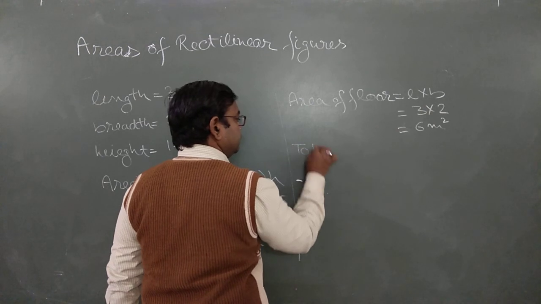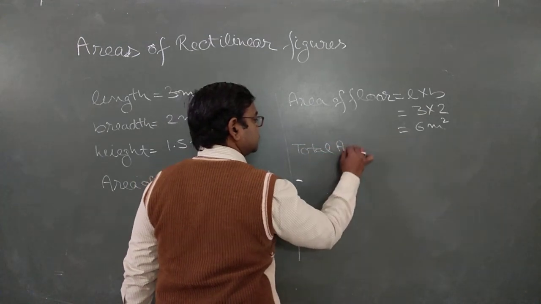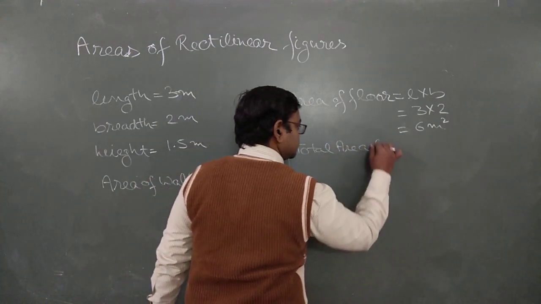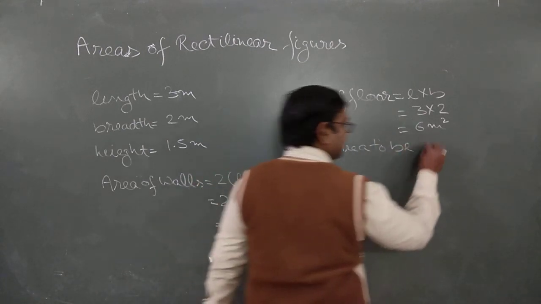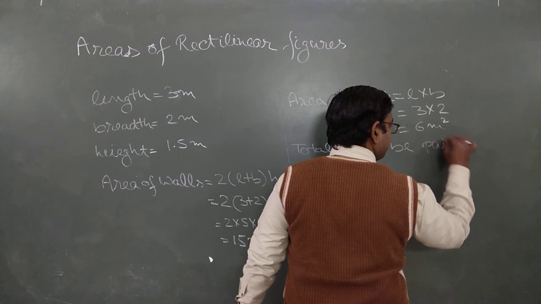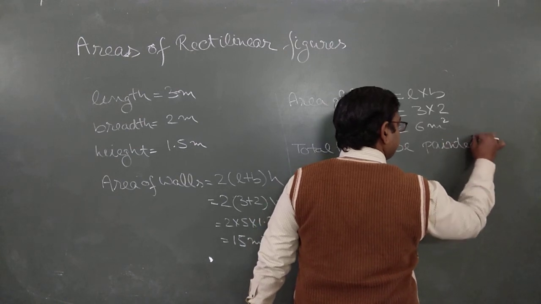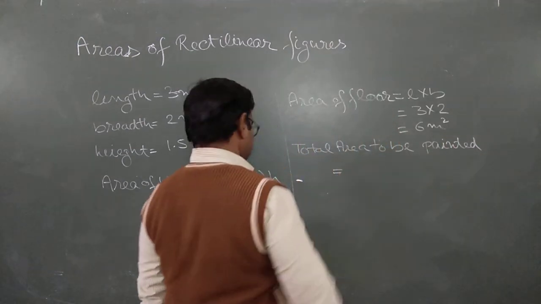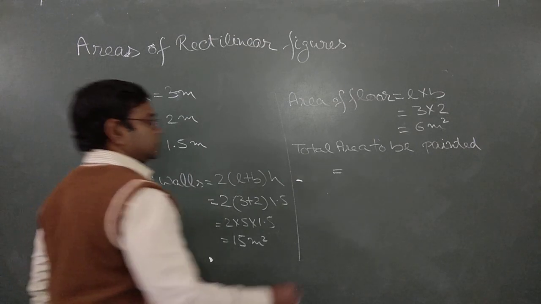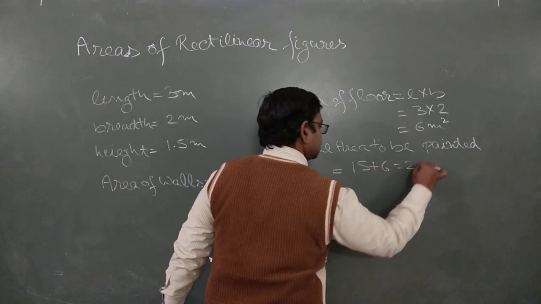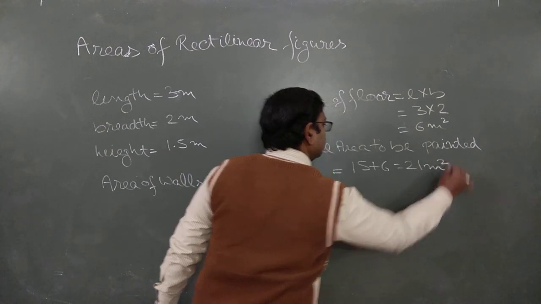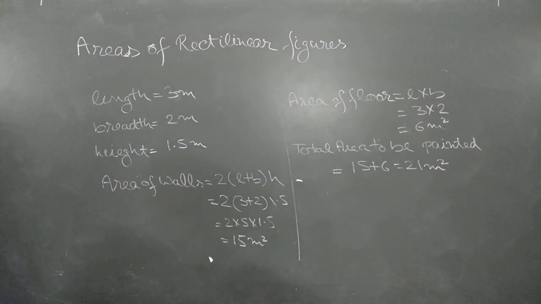Total area to be painted we can now easily find out, equals 15 plus 6, 21 meters square.